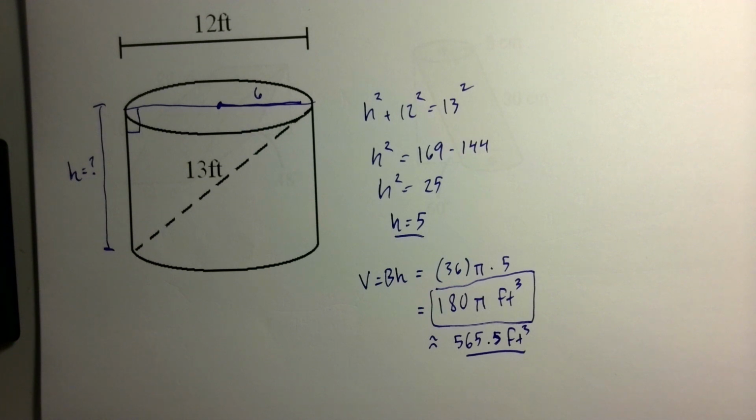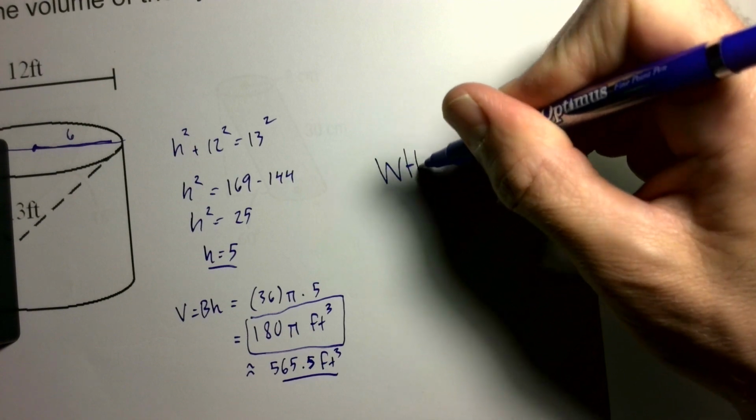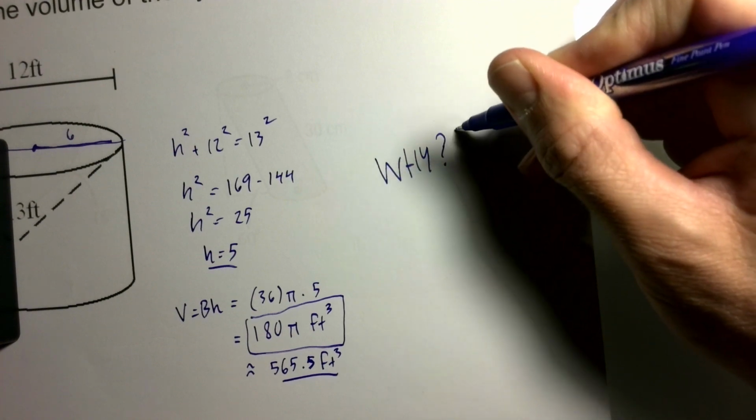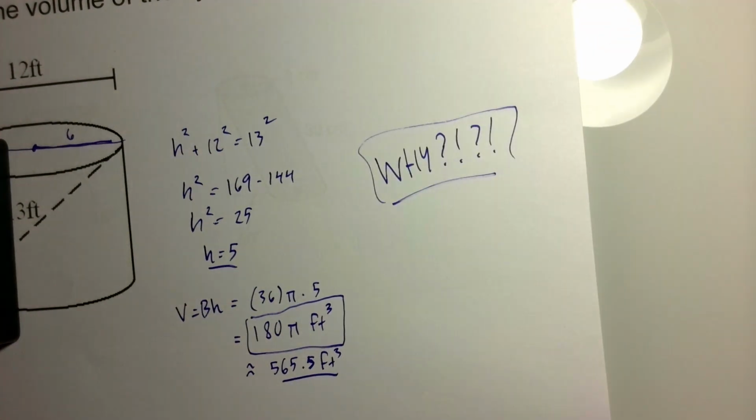One thing I want to end on is kind of like, what's the motivation behind all of this? Why in the world would we study volume? Okay, well, volume is the amount of space being taken up. If you're shipping things in containers, they can only hold so much.